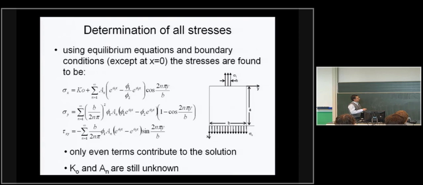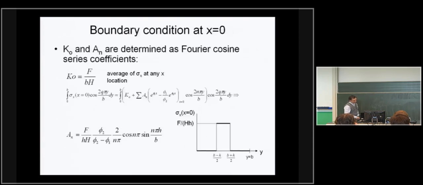So the second term means that the average stress has no contribution from this second term, and therefore what's left is this constant. So the constant has to equal my average stress at any x location, the average sigma x stress. And I know my average sigma x stress as being equal to the total force divided by BH, where B is the width of the plate and H is the thickness of the plate.